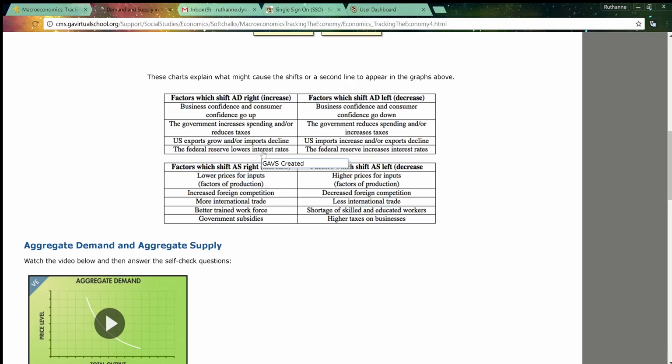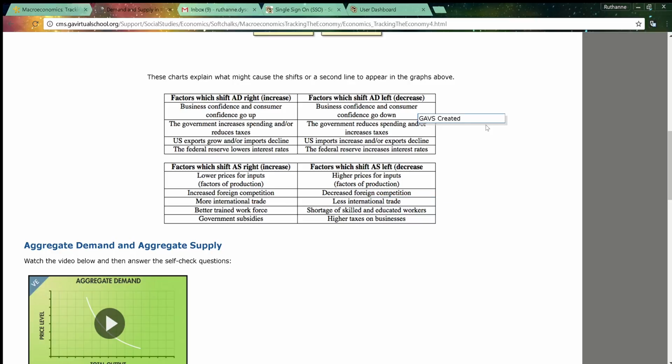Federal Reserve lowers interest rates. So interest rates and increasing and decreasing are going to have an inverse relationship with aggregate demand, because if it lowers interest rates, then people are going to have more money to spend on goods and services.